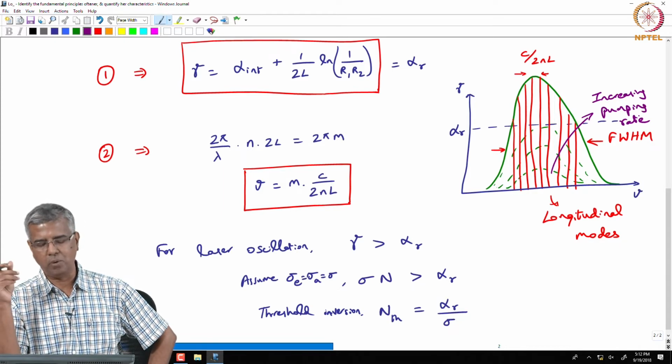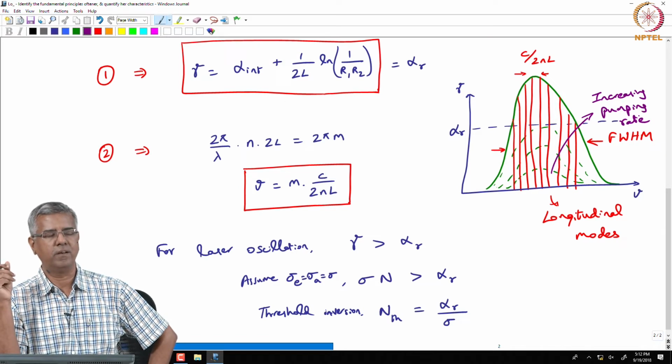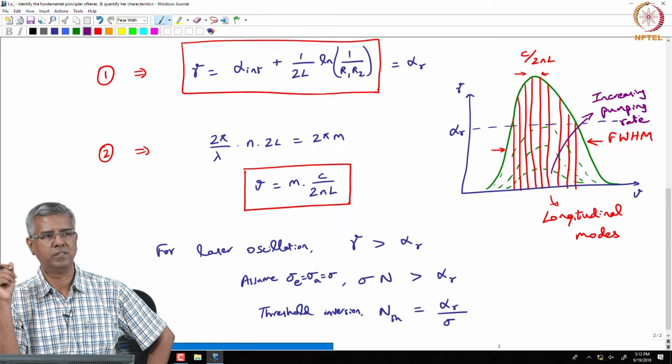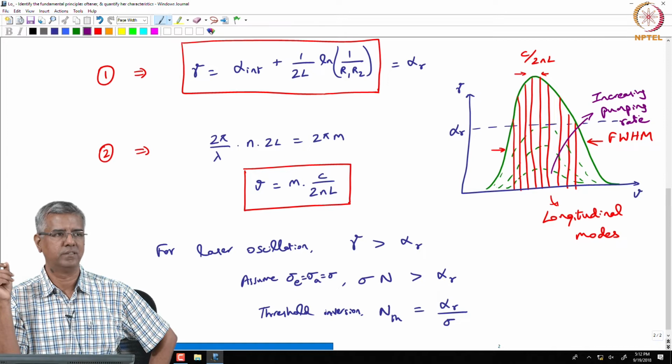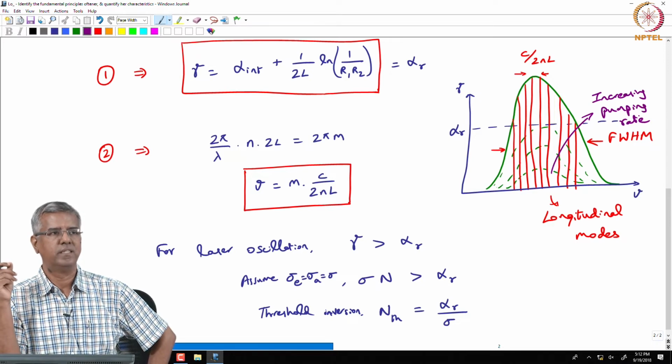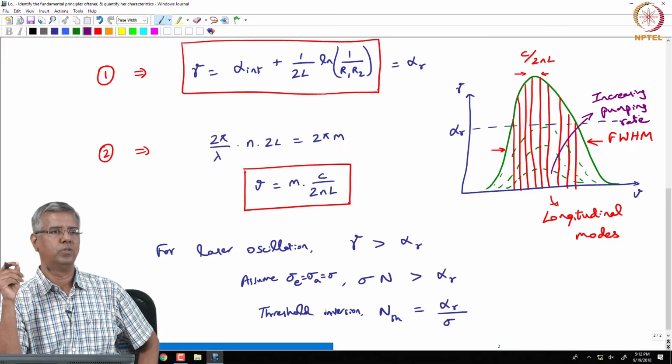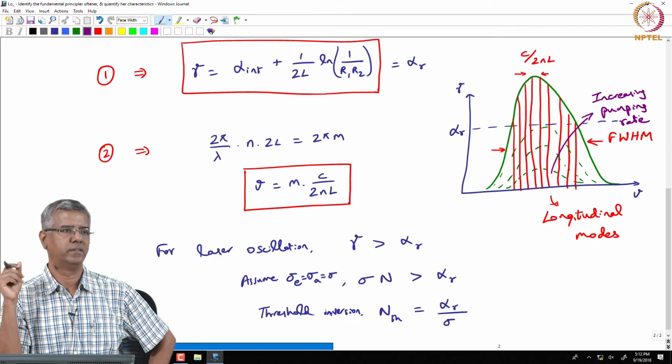But what can you say about the reflectivity of the mirrors? Under what condition, what reflectivities do you get very low threshold? Reflectivity closer to 1, right. So, that's 100% reflectivity.